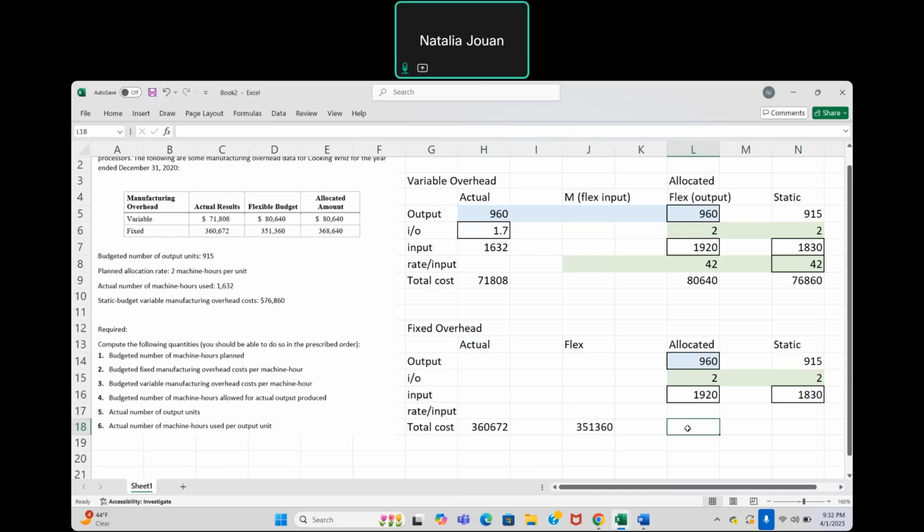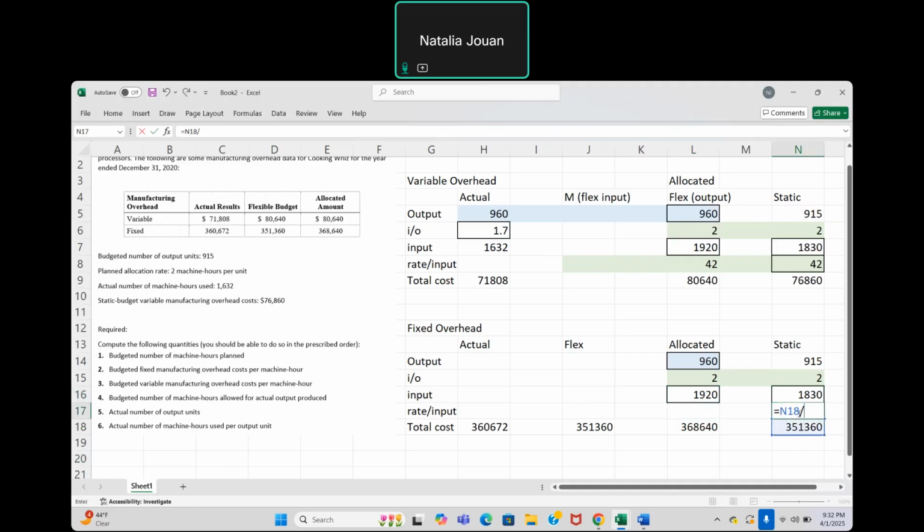And the allocated is 368,640. And the static the same as the flexible. Okay, so 351,360. So there's two ways that we can solve this. We can either do this over this or this over this. We should get the same answer. Okay, so let's try it over here.